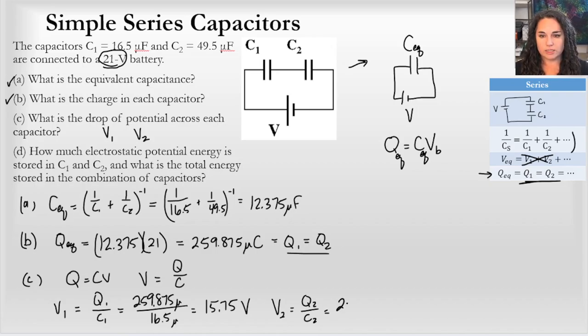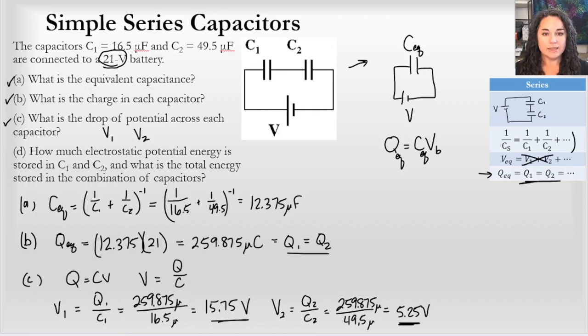So Q2 is the same as Q1, 259.875, but it has a different capacitance, 49.5. Again, both of these are in micros, so when I run this through the calculator, you should get around 5.25 volts. Okay, so that's part C. I found the voltage across both those capacitors.